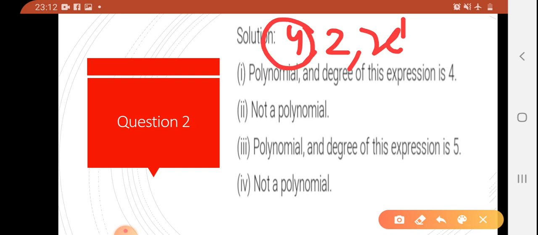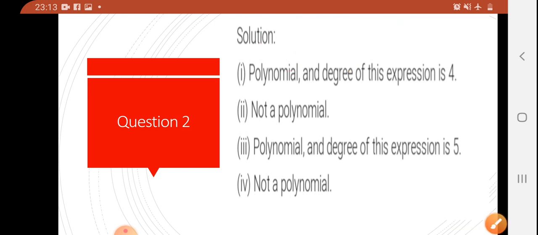Therefore, the degree of the polynomial will be 4. So the highest power of a polynomial is the degree of the polynomial. Coming to the second question, 7x cube minus 3x square minus 3 upon x square plus root 5.